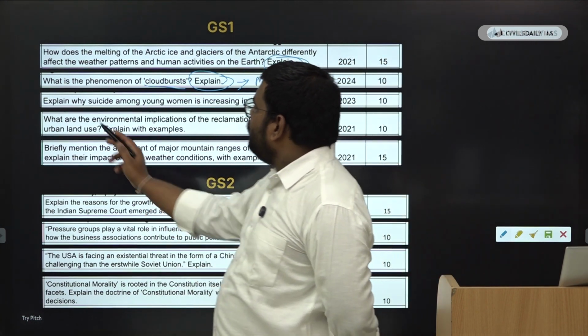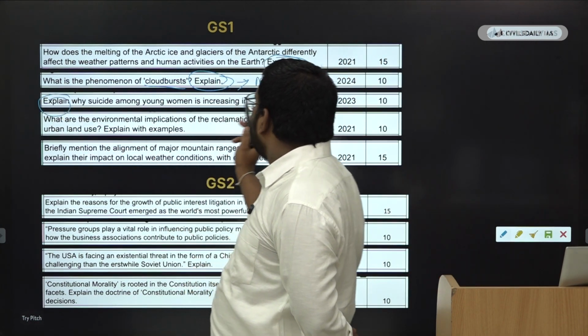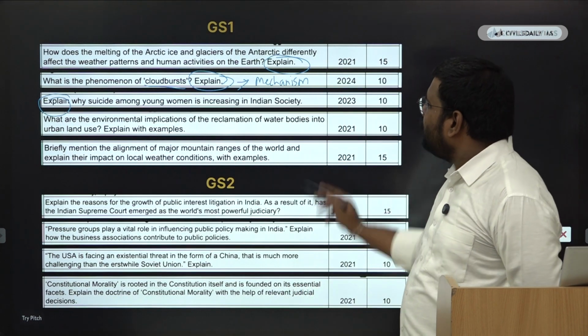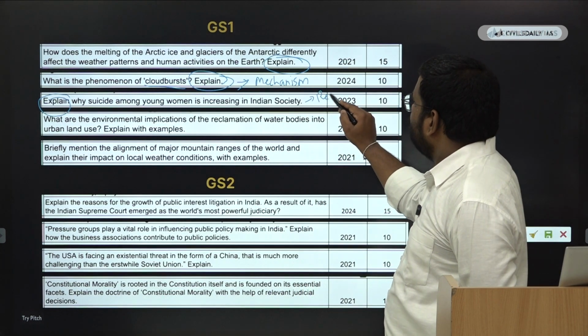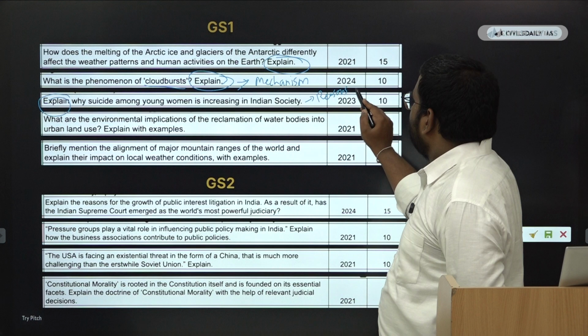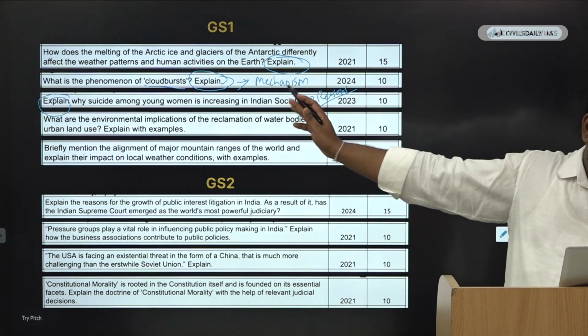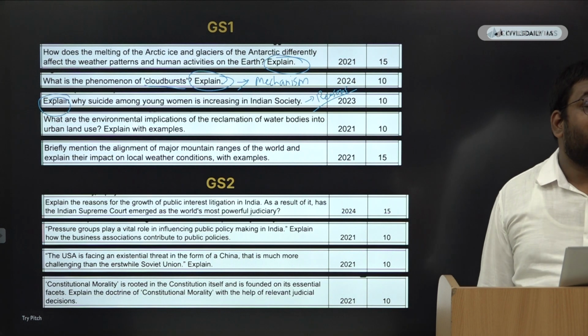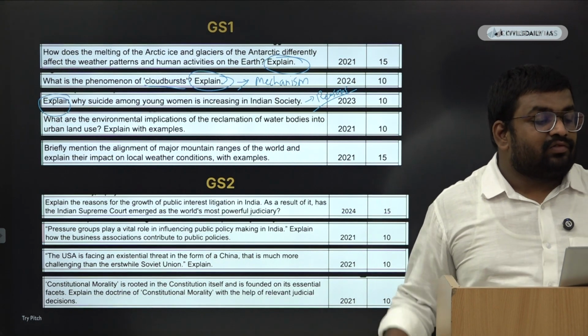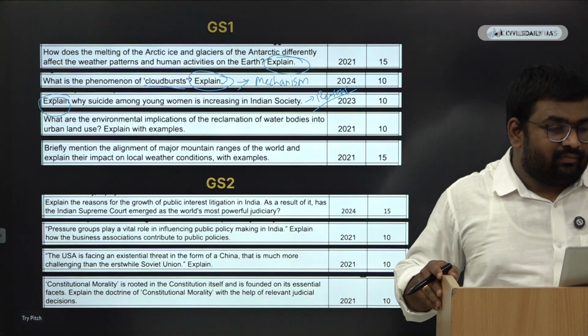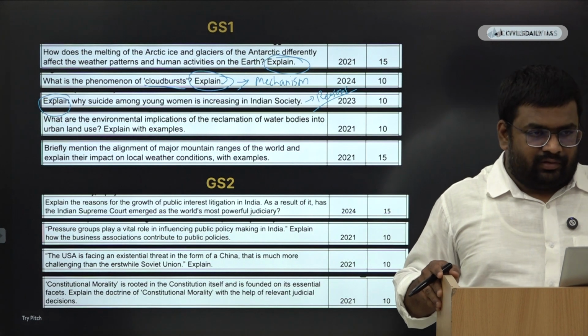Again, explain why suicide among young women is increasing in Indian society. Again you have to give reasons. Or if they wanted to change the directive, they would have framed this question in this way: discuss the reasons behind rising suicide among young women in India. That would have been their directive.